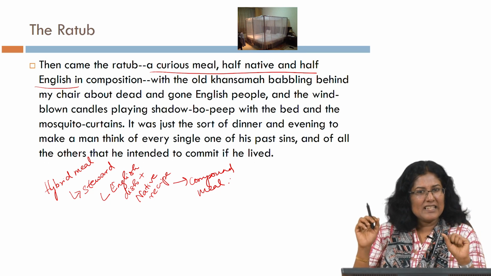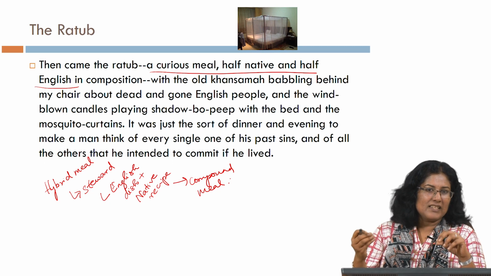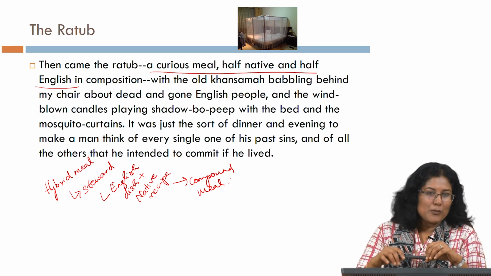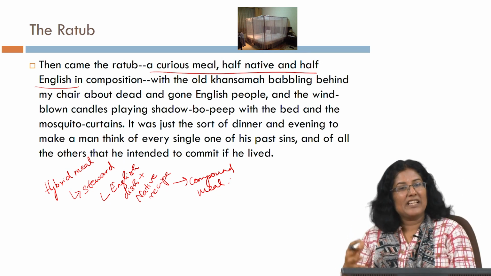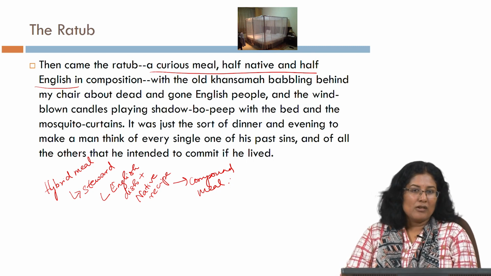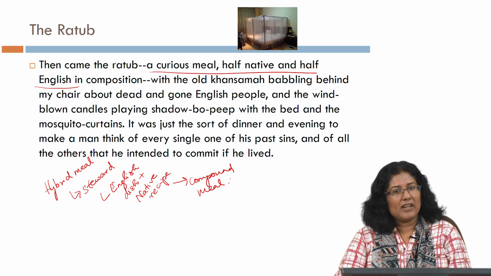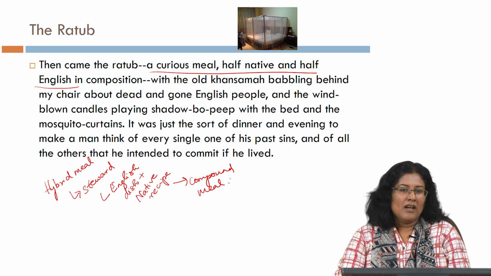So this dinner is a kind of eerie dinner that this narrator enjoys, and he thinks that it is a night that would make one think about all his past sins, perhaps because he thinks that his end is near, and he also wants to think about the future sins that he may commit, because something dangerous is perhaps going to happen on this particular night in this particular bungalow.